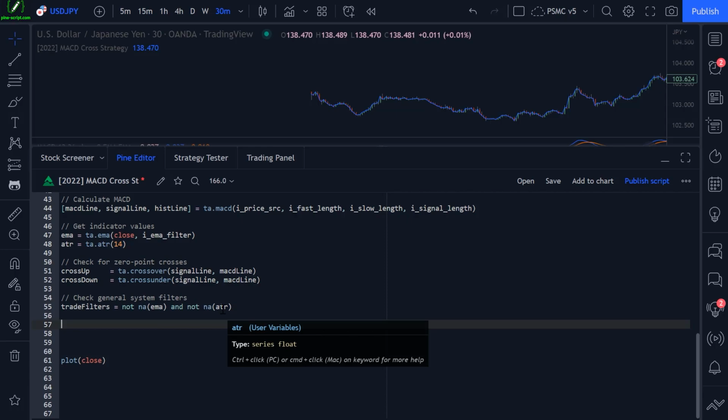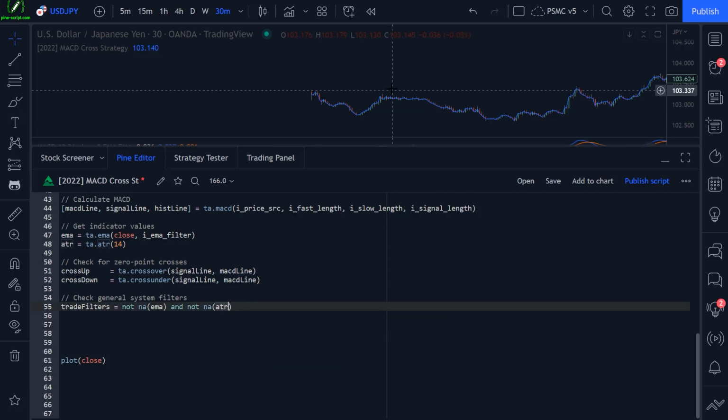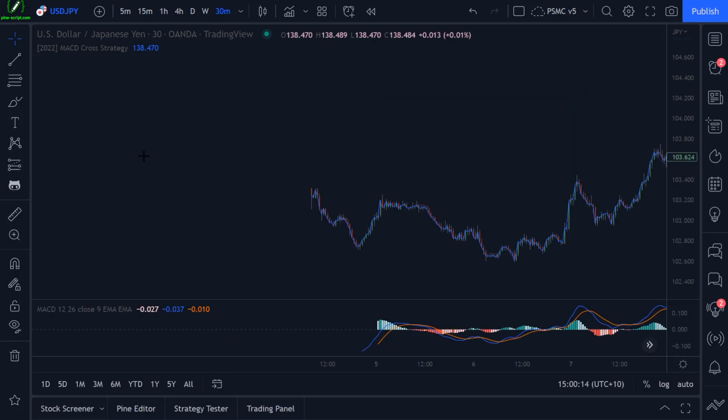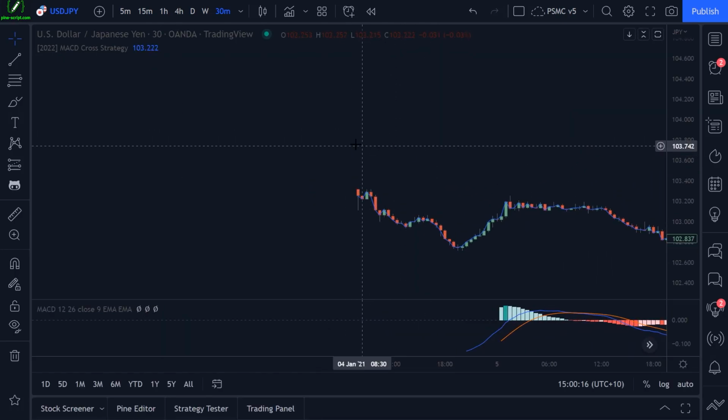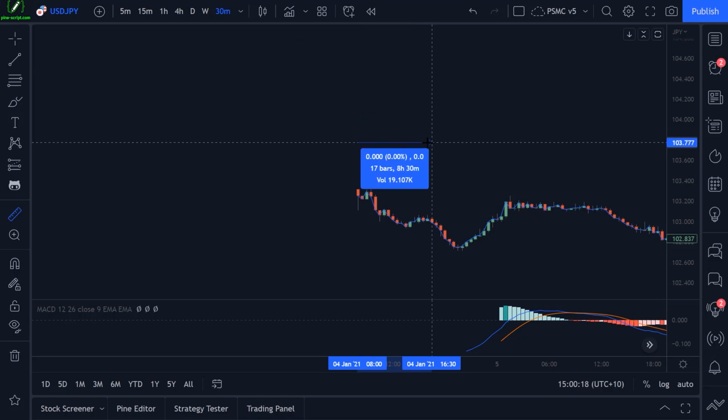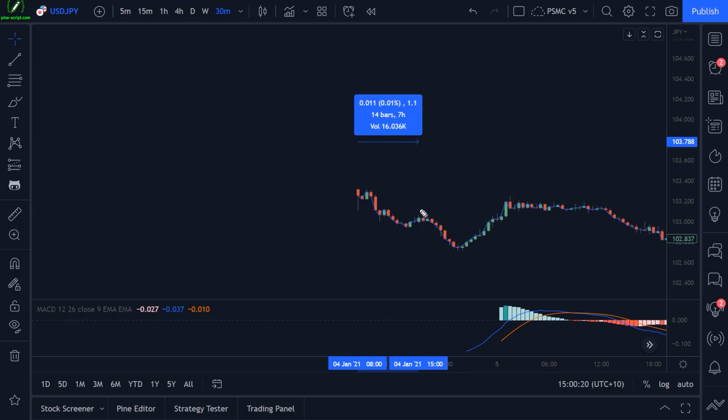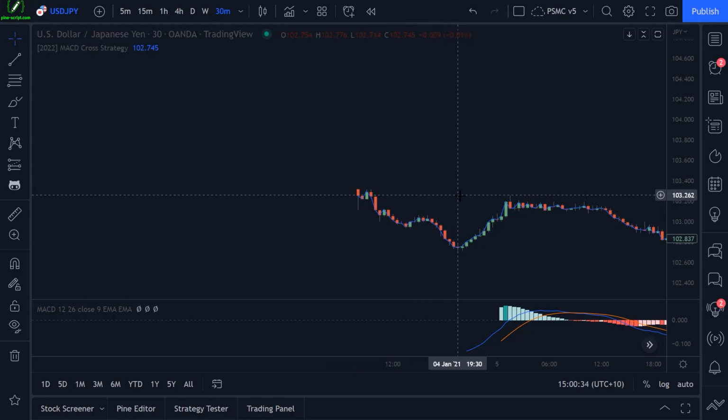It's going to be especially a big problem if we take a long or short signal and the ATR, which is a 14-based ATR, isn't ready. We need to wait 14 bars before the ATR will calculate its value. If we were to take a long or short trade on any of these bars before that 14th bar, our stop loss and our take profit are going to be NA as well, because if you do any mathematical calculation on a value that's NA, the resulting value is NA.